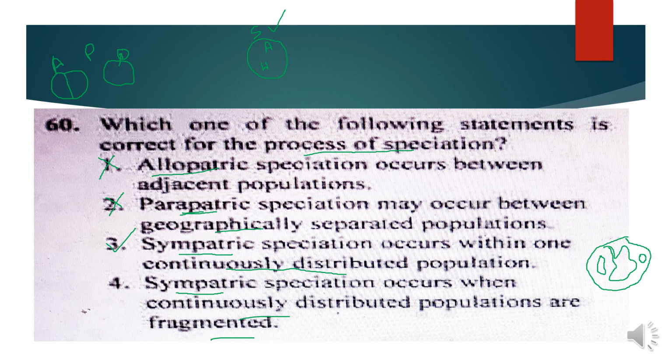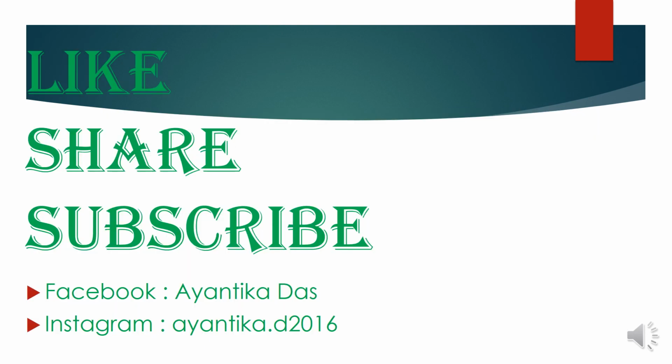We know that this type of speciation is called parapatric speciation, so this is not sympatric speciation. So the fourth option is also wrong. The only right answer is option number 3. So this was about the CSIR question that I talked about.